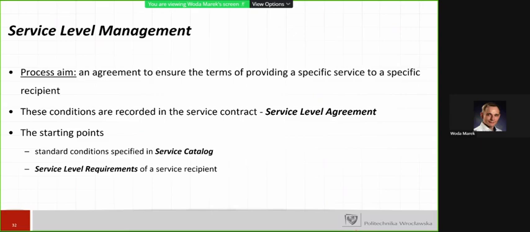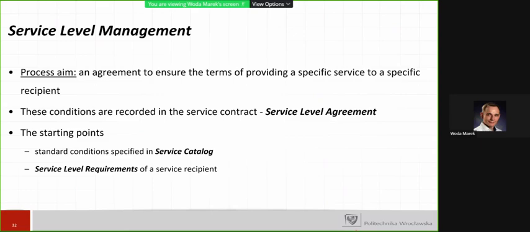So this is the agreement. Usually this is a written agreement, not a verbal one, that both provider and recipient will sign and agree to obey all the points of.